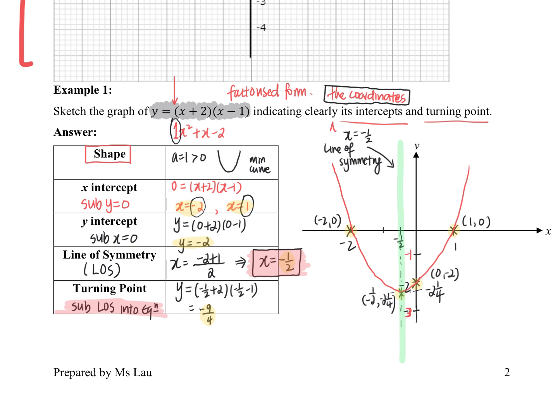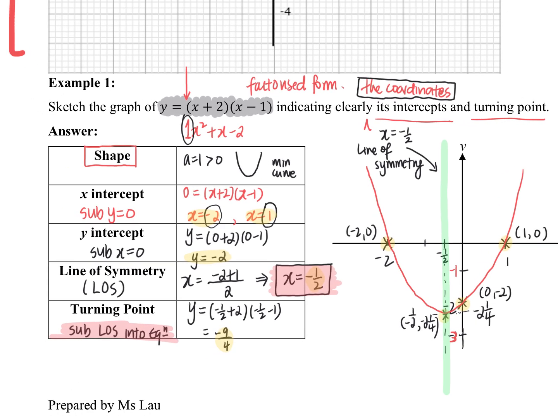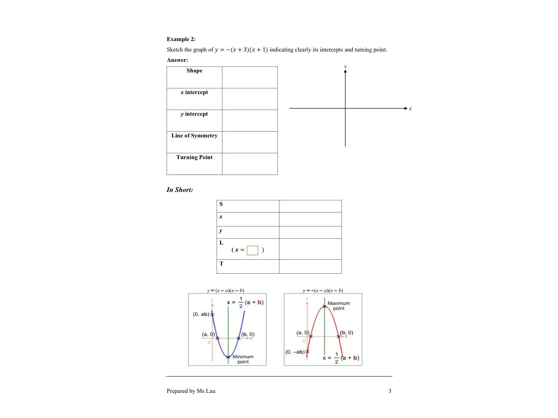Can you see or not? Can? Okay, I move on, or you're still copying? Anybody? No. Okay, let's look at next one.